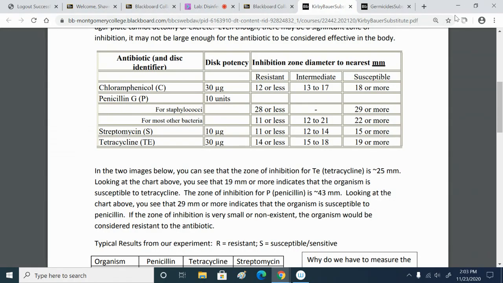Anything else? Who can tell me what a superbug is? Have y'all heard of superbugs?